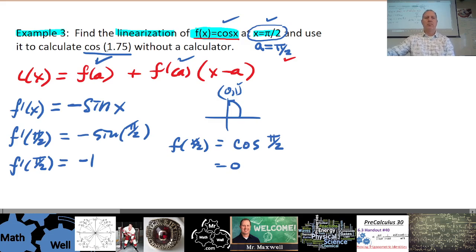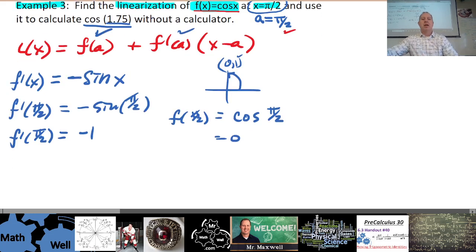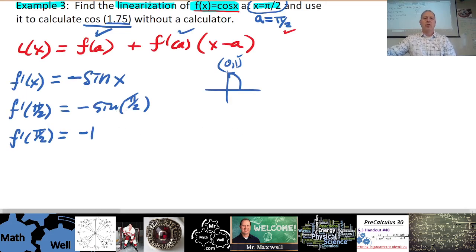And then 1.75 is going to be our x value. So 1.75, and then we got pi over 2. That's interesting, hey? We can do that without a calculator. So where are we at here now? I've got this figured out here, so let's start filling stuff in.